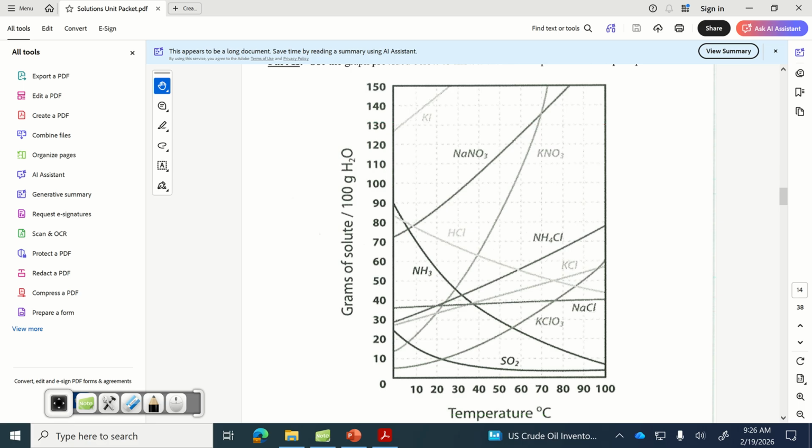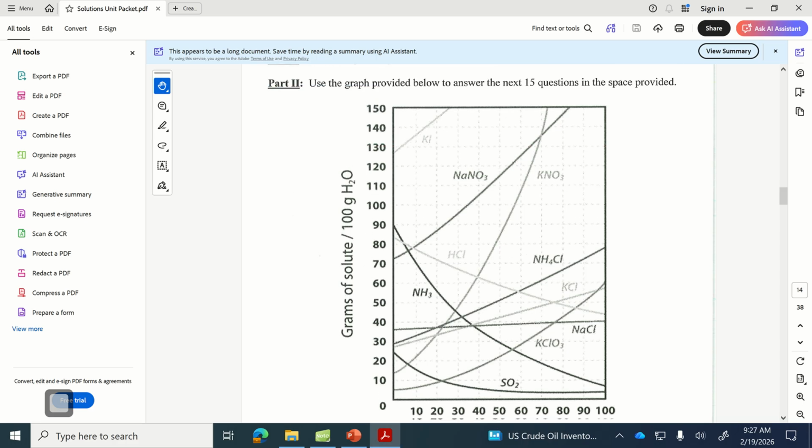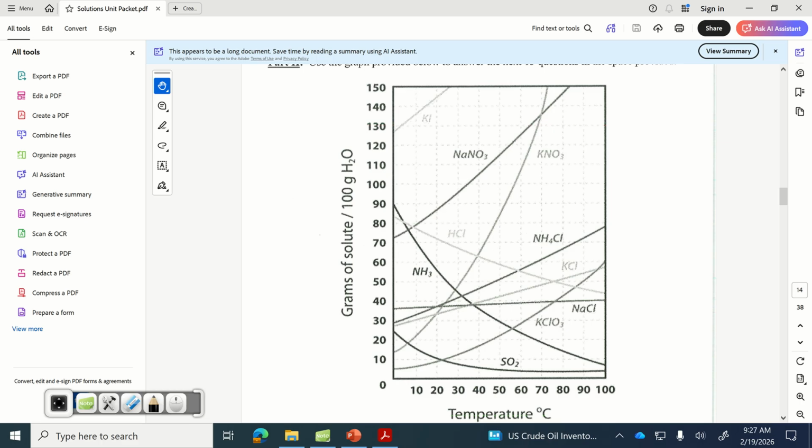Other possibilities, I mean, this is maybe getting a little bit advanced. Other possibilities that we could do, and I'm going to just show one example of each of these because I don't think you're going to really have to hammer this too much, is I can adjust the amount of solvent. So all of these solubilities are based on 100 grams of water.